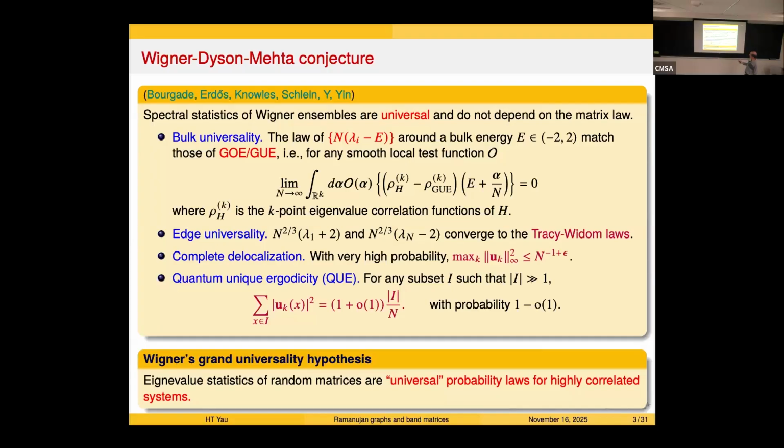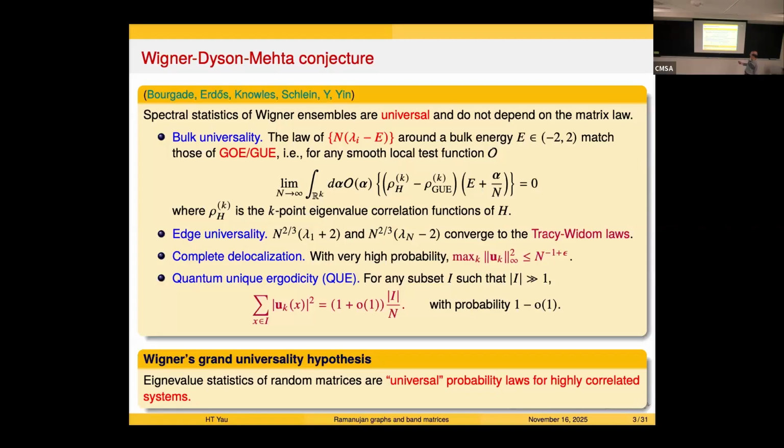This means that in the eigenvalue distribution, you cannot really tell the difference between whether they are Gaussian or just IID random variables. And the other question is called the edge universality. If you look at eigenvalues near the edge, the spacing actually changes to n^(-2/3).